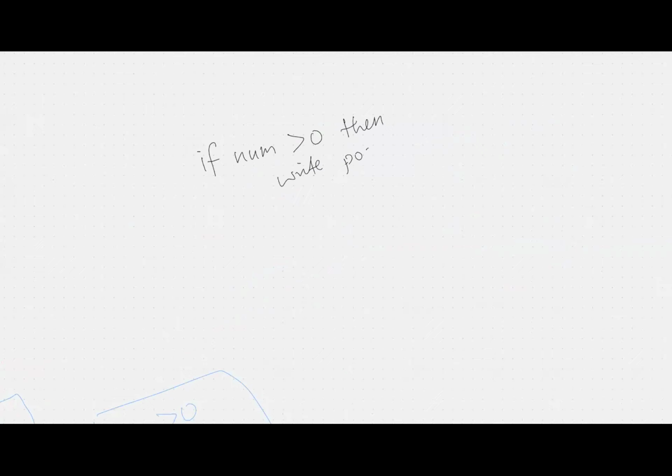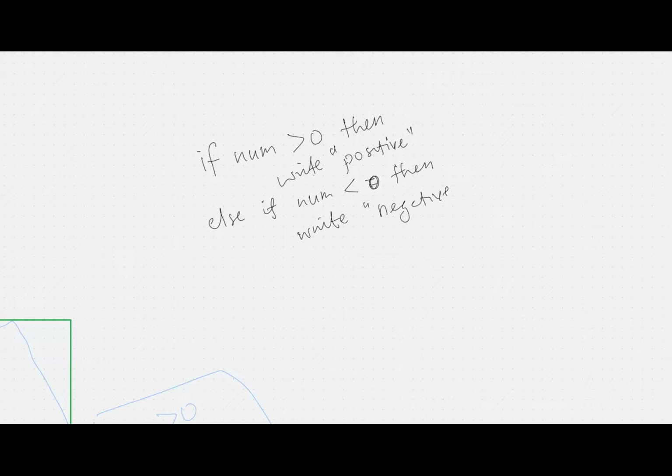Else, if num is less than 0, then write negative. Else, if it is not greater than 0 or less than 0, then it's equal to 0. So you can write 0. Okay, like this.